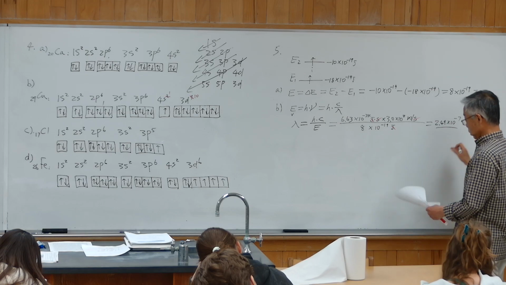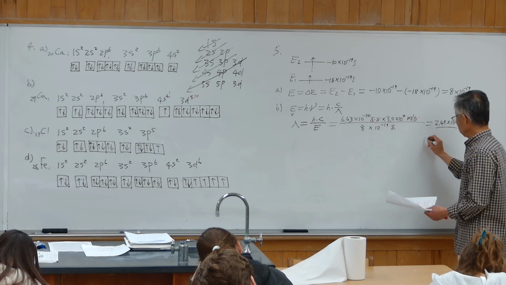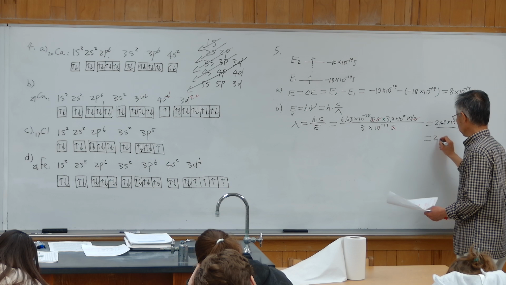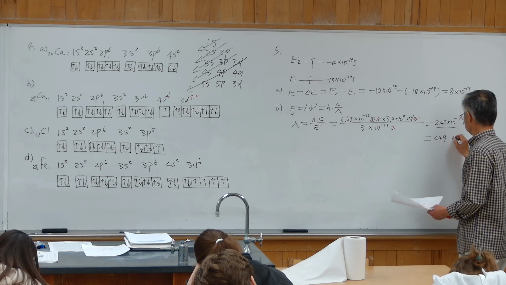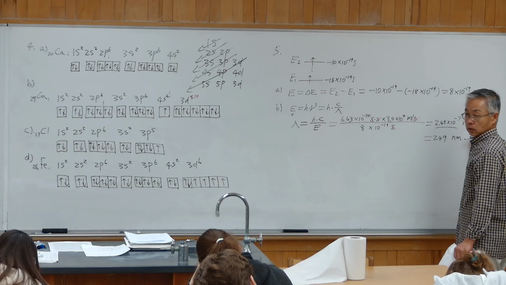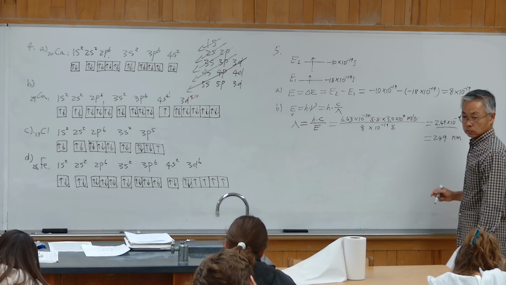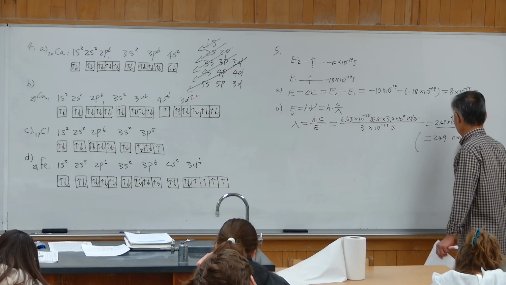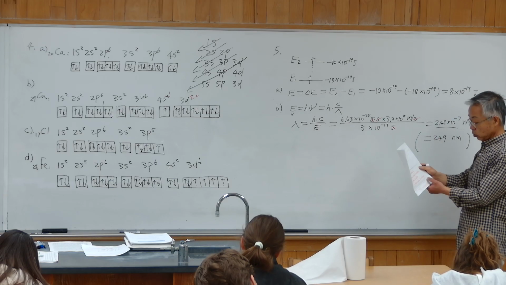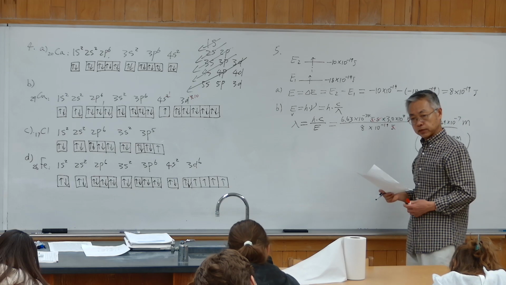And you can stop here because I didn't specify it must be in nanometers. You can stop here. If you want, you can convert it to nanometers: times 10 to the 9th power. 9 minus 7 is 2, so move 2 decimal places. You don't have to because I didn't request it.